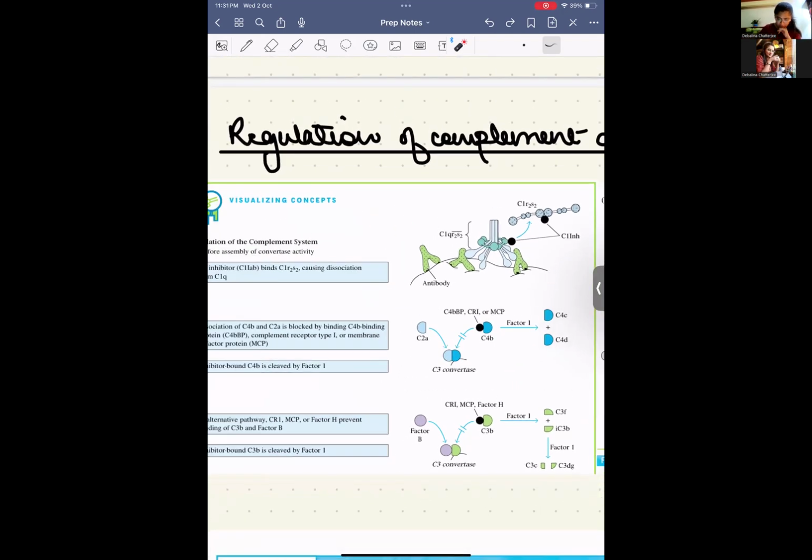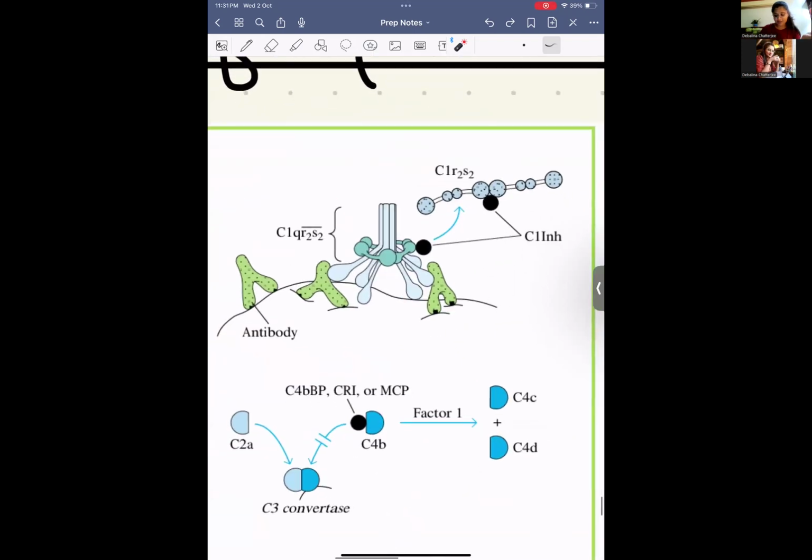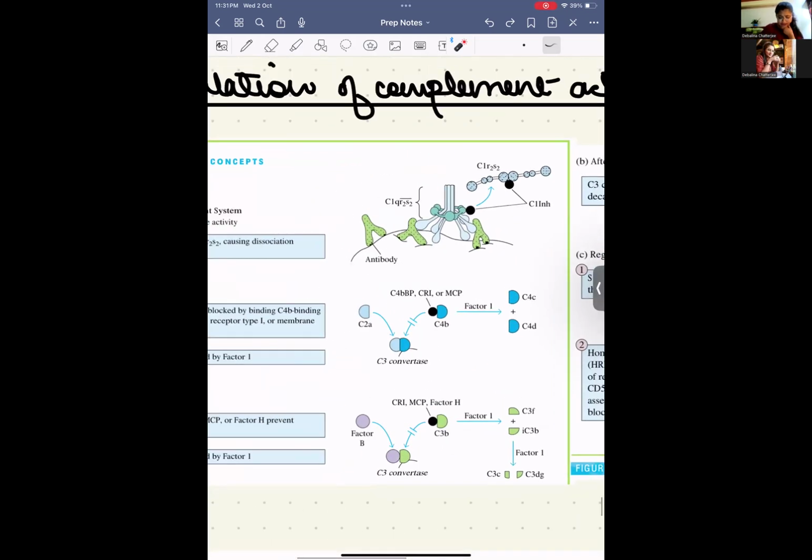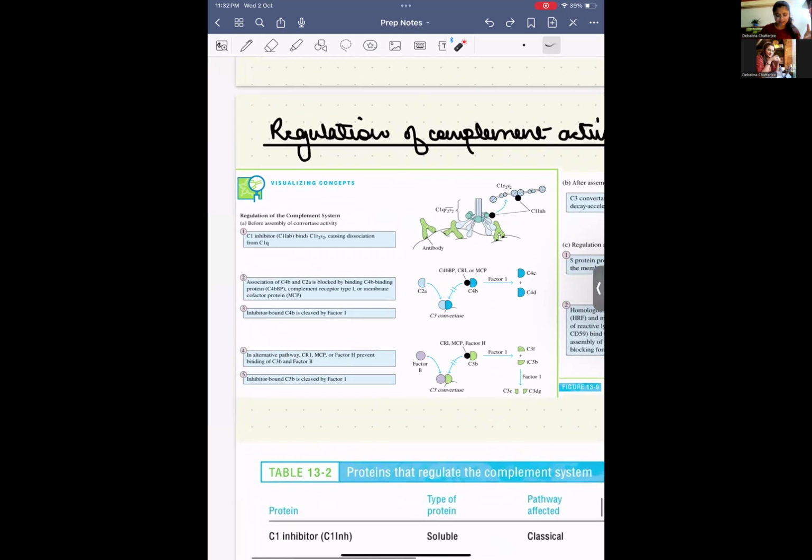So they say that C1INH can bind to the C1qr2s2 and cause the C1r2s2 to dissociate from the C1q part. So this was the protease, right? If the protease gets dissociated, it cannot cleave the C4 and C2 molecules, and that's how the system is checked or regulated, right?